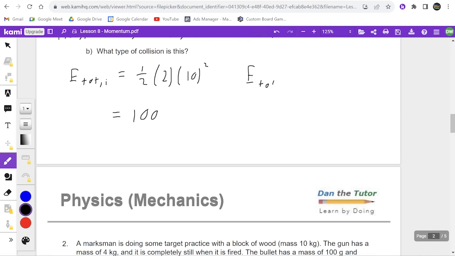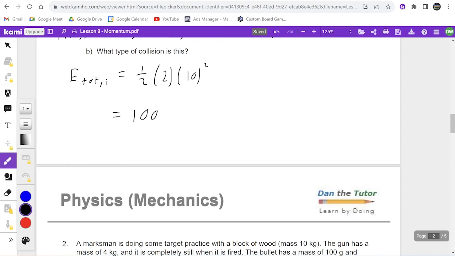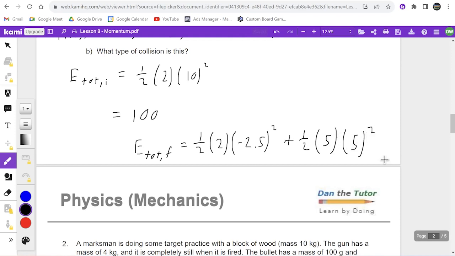And then for E total final, this one's a little more annoying, but we can still do it. I'm going to give myself more room because this is actually kind of long. But it's going to be E total final equals 1/2 mass, which is 2, times velocity, I'm talking about the 2 kilogram block still, negative 2.5 squared, and then plus 1/2 times 5 times velocity 5 squared.